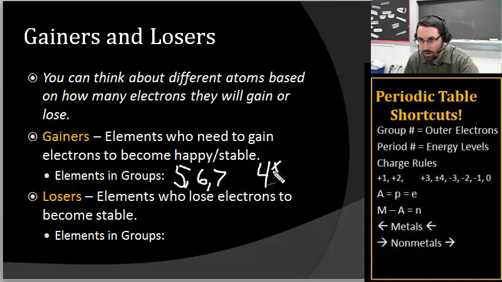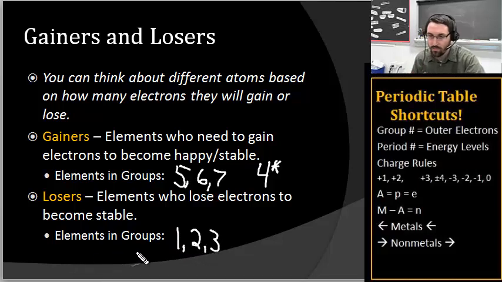And then we'll put a star by 4, because 4 normally will gain as well. Elements that are losers are group 1, 2, and 3. 4 sometimes could lose, but we'll keep that up here because normally we'll think of it as a gainer.